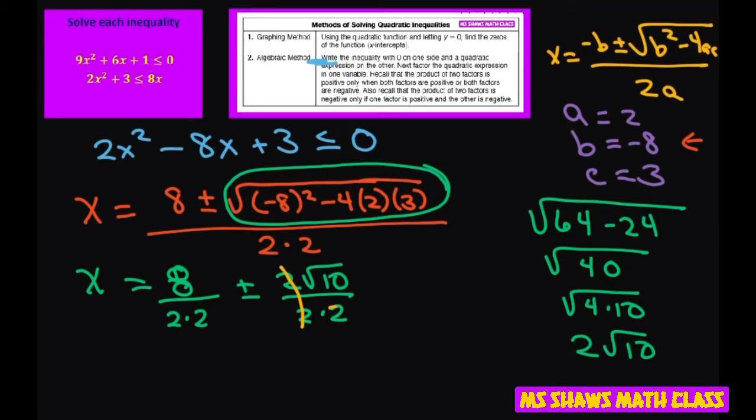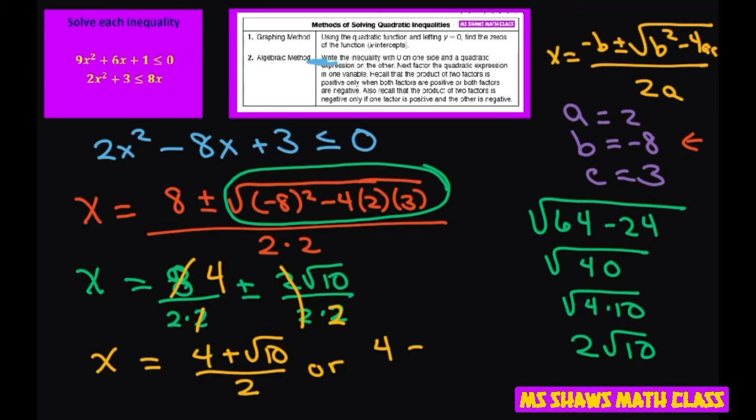Since I still have 2 in this denominator, I'm just going to divide 8 by 2 and get 4. So your final solution would be x equals 4 plus square root of 10 divided by 2, or 4 minus square root of 10 divided by 2.